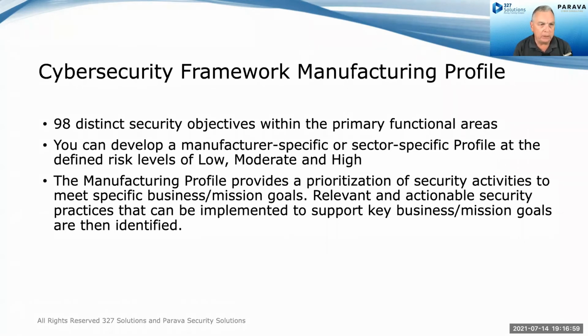So if the only activity that you're engaged in is, say, cutting grass or painting a building, well, your risk level is going to be low. On the other hand, if you're designing components for the F-35, the risk level associated with your manufacturing of those components might be considered high.